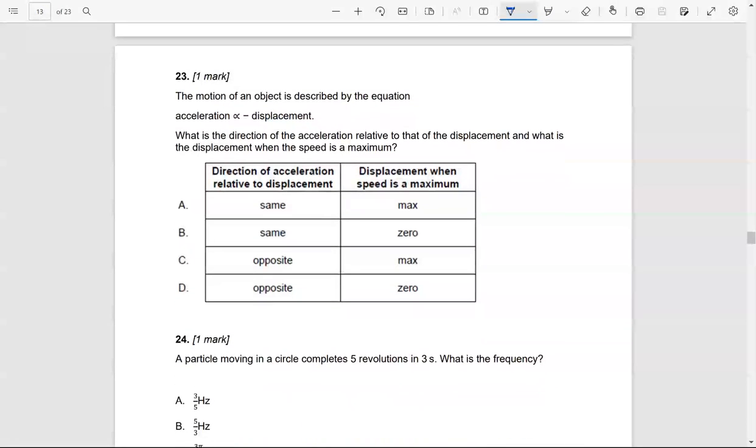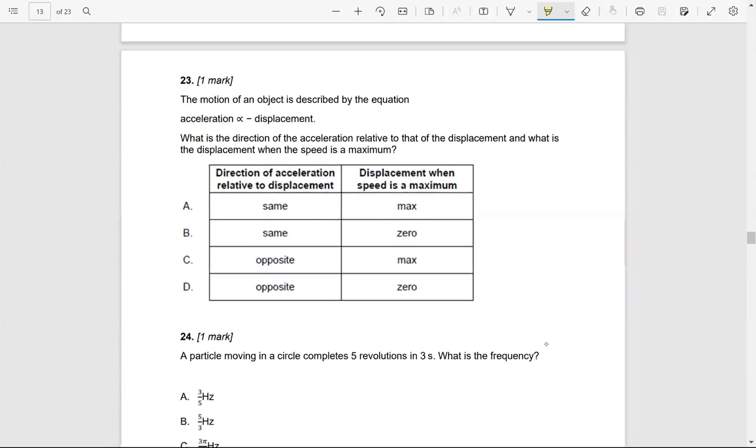The motion of an object is described by the equation a is proportional to minus x. What is the direction of acceleration relative to displacement? And what is the displacement when the speed is maximum? Direction of acceleration relative to displacement: it's all about this symbol here.